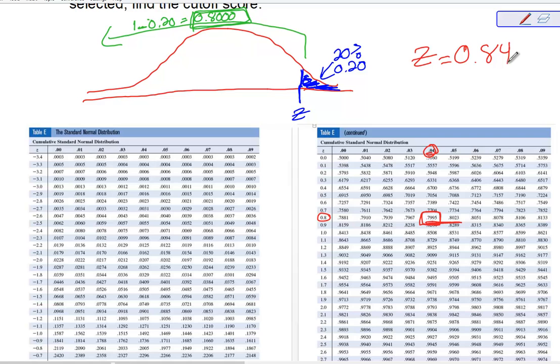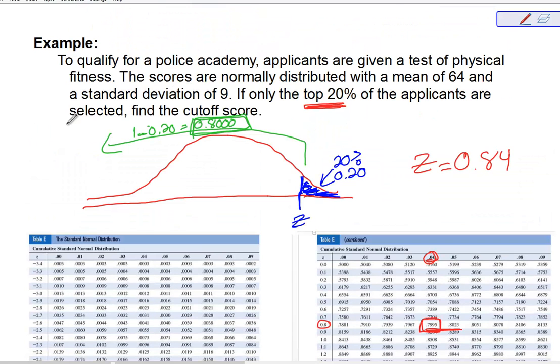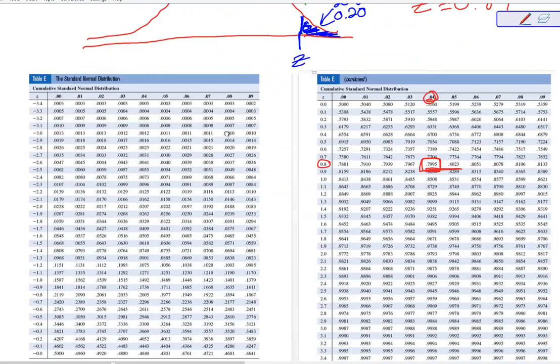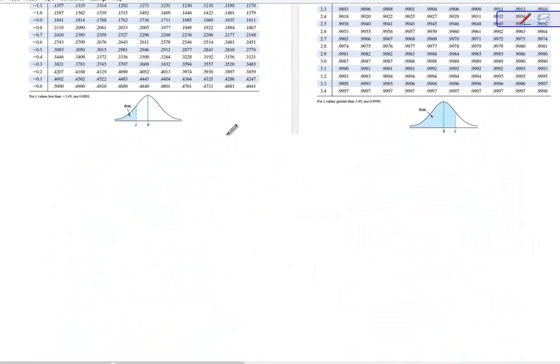Now that doesn't give me the cutoff score that my question actually asked for. This just gives me the z. I want to find what the applicants have to make on the cutoff score. So in order to find the cutoff score, I'm going to use the formula x is equal to z times the standard deviation plus the mean.